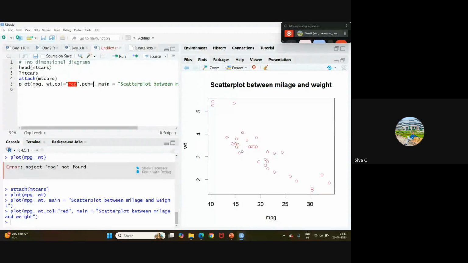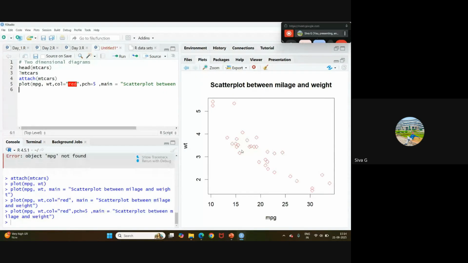The PCH value takes from 1 to 25. There are different types of data point representations, 25 of them, that's why they have given numbers 1 to 25. So you can give any number between 1 to 25, and the corresponding symbol will represent the data points. Let us say I will give 5.